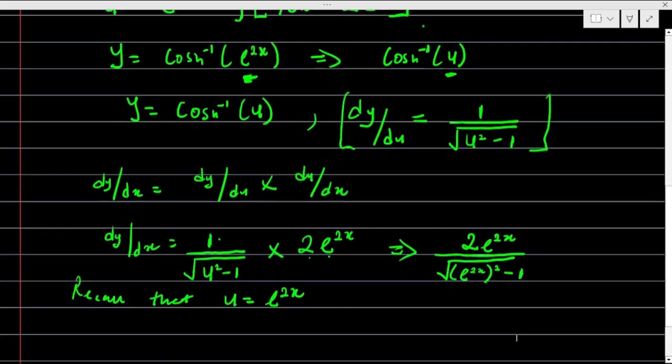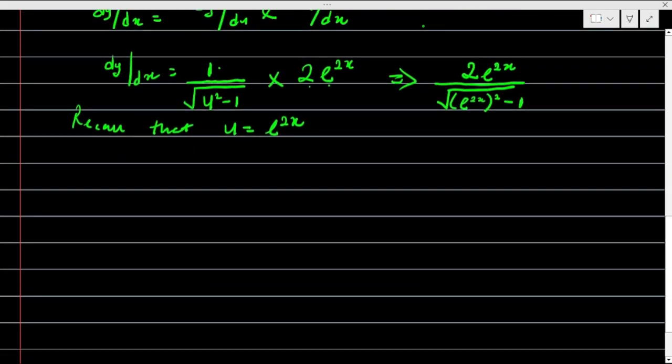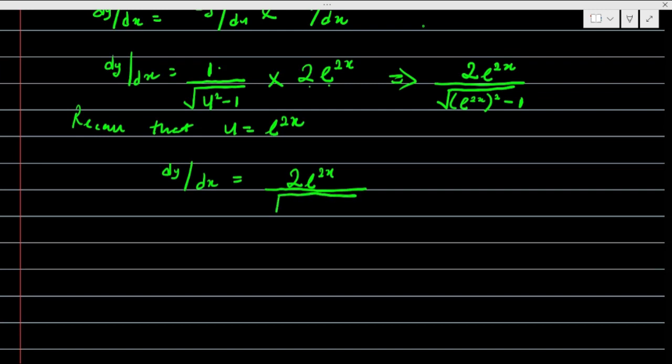So from there, my dy over dx will just be 2 e raised to 2x all over the square root of. From here now, you can see this one is all squared.